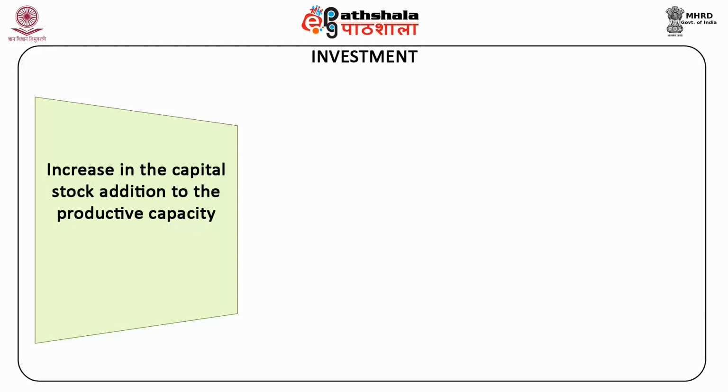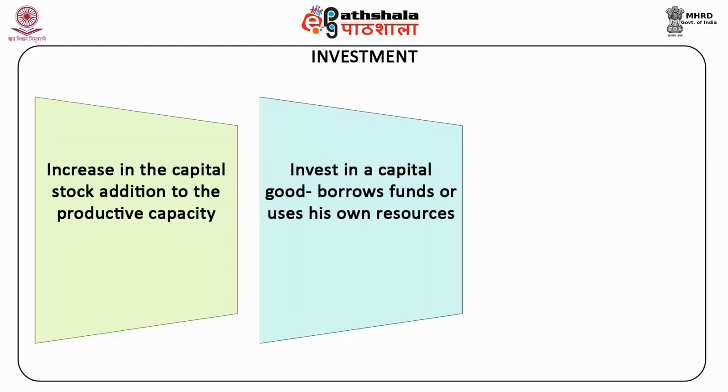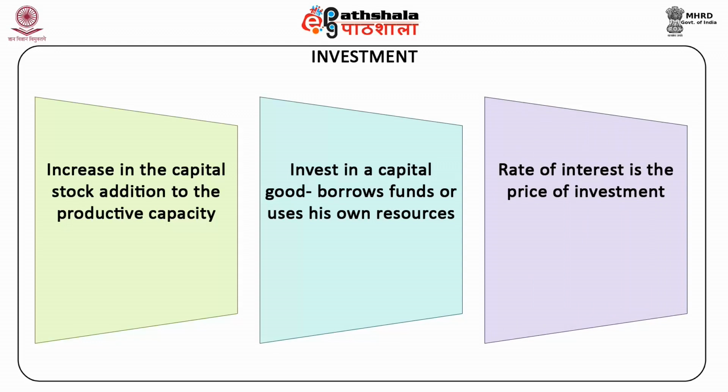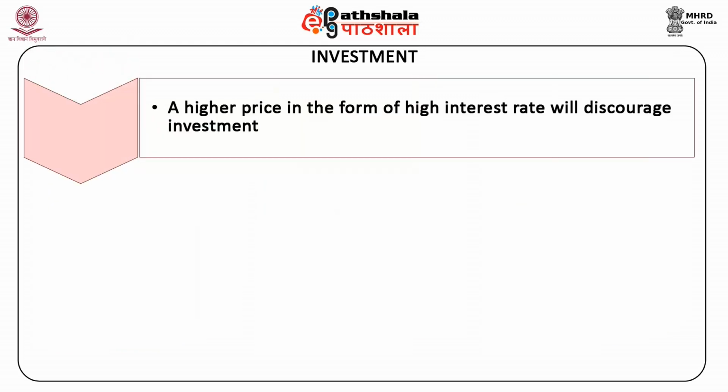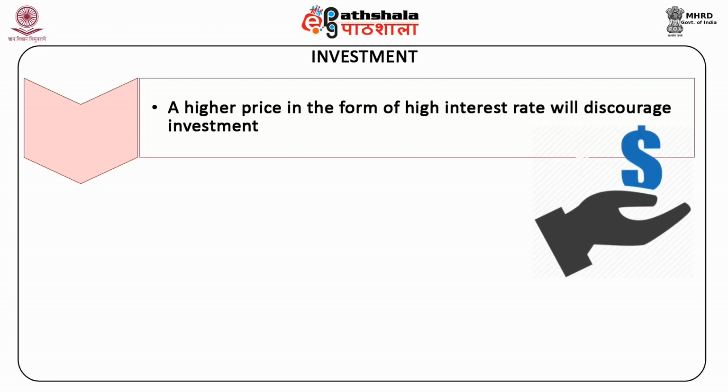Whenever an entrepreneur decides to invest in a capital good, he either borrows funds from the market, for which he has to pay the market rate of interest, or uses his own resources to finance the investment, for which he sacrifices the interest which he could have earned by lending his funds. So, the rate of interest is the price of investment. A higher price in the form of high interest rate will discourage investment.